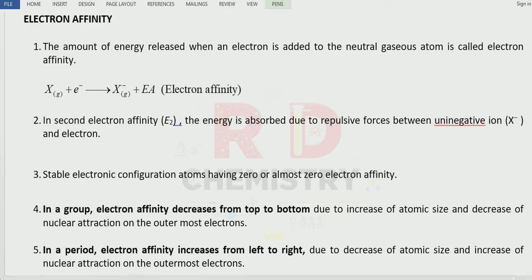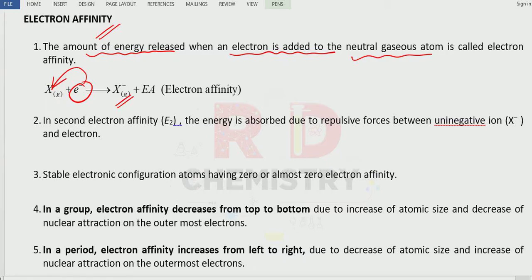Next one is the electron affinity. What is electron affinity? The amount of energy released when an electron is added to a neutral gaseous atom is known as the electron affinity. Add an electron to the outermost orbit to form a stable configuration, and the energy released is called the electron affinity. Affinity means attraction.